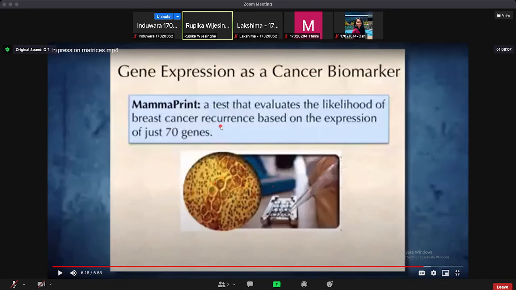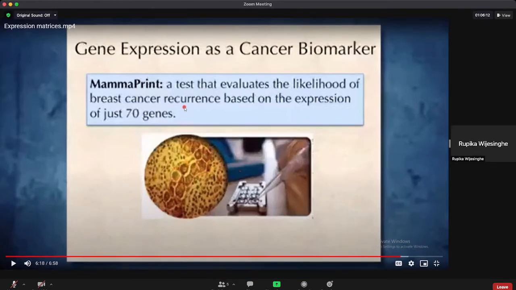The genetic changes that our people get are different from the West, so we can't adapt their test to our patients. So we have to develop this biomarker. So that's it about this video. Any questions?